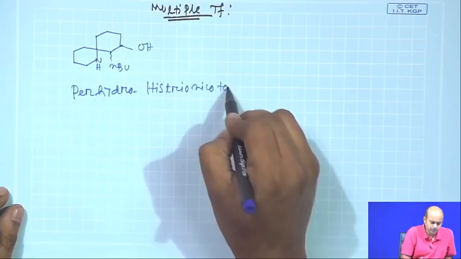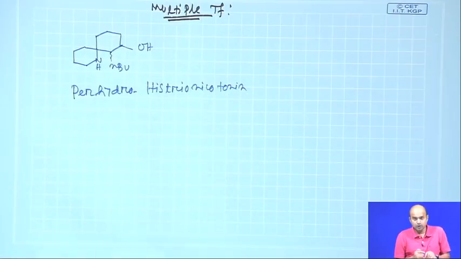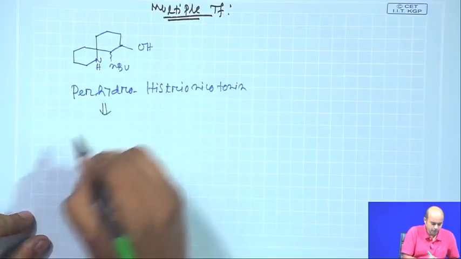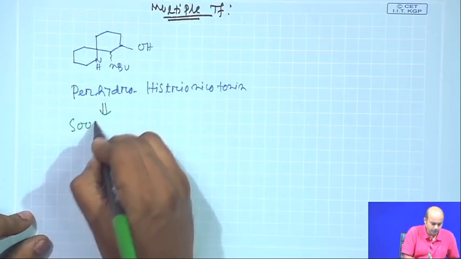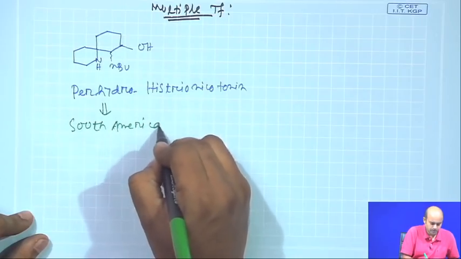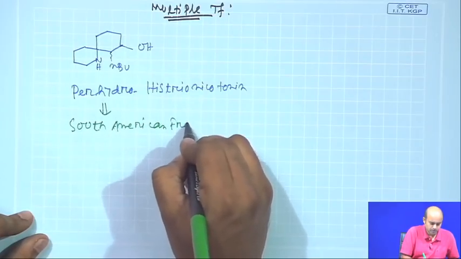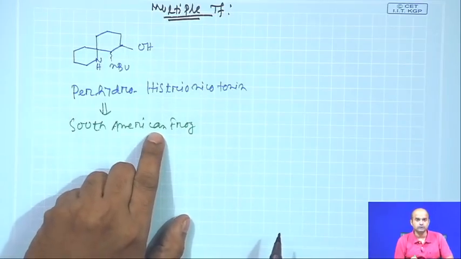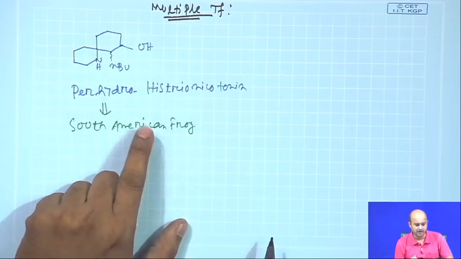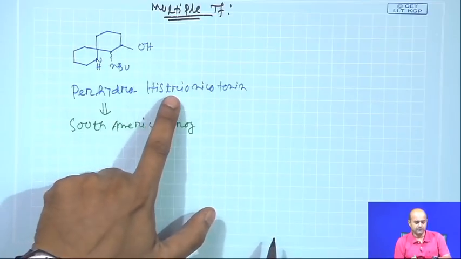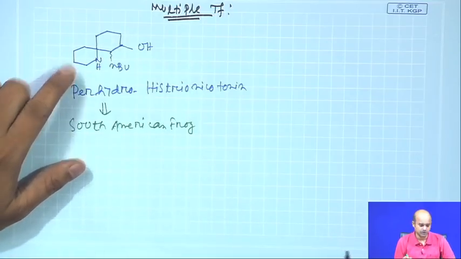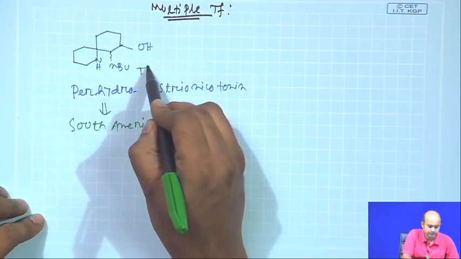It is basically a toxin molecule which has been isolated from the skin of a South American frog. Based on the scientific name of the South American frog, the name histrionicotoxin has been derived. I do not remember exactly the scientific name, but this molecule is basically toxic. But nevertheless, the structure is pretty interesting.